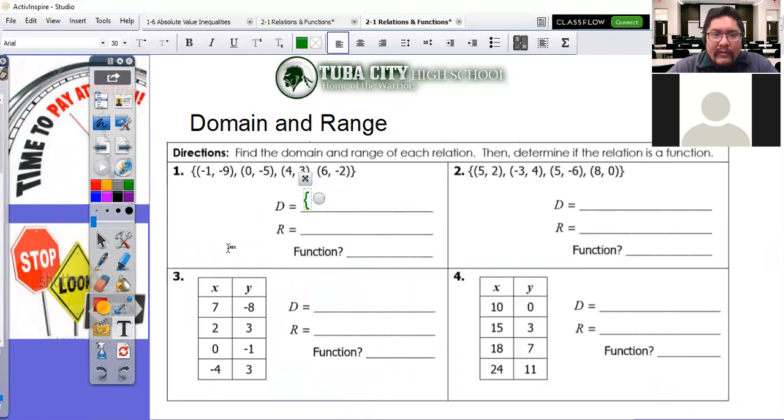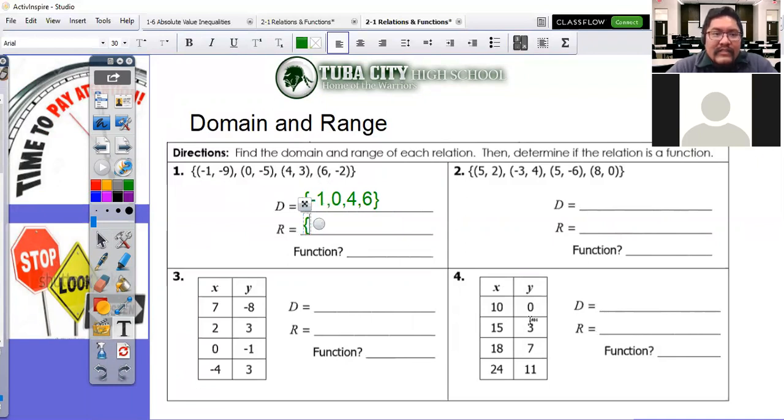I'm going to open with a brace, because this is a set. So it would read as the domain is the set. I'm going to start with my lowest number, which looks like -1, and work my way up. The next one is 0, then 4, and then 6. Those are my x values: -1, 0, 4, 6.